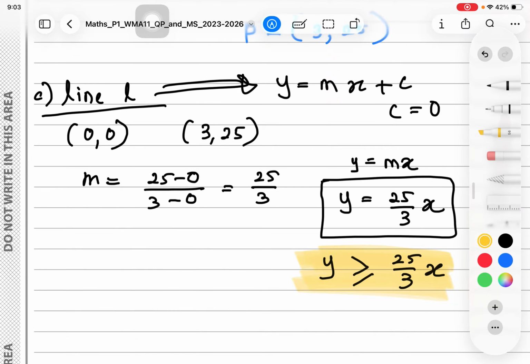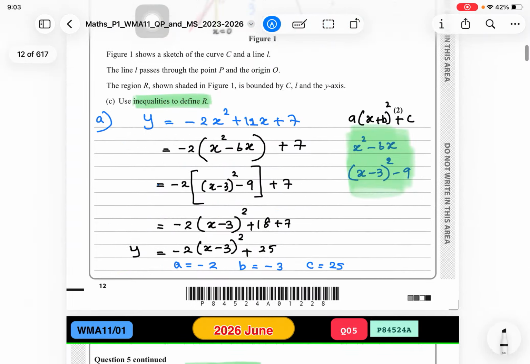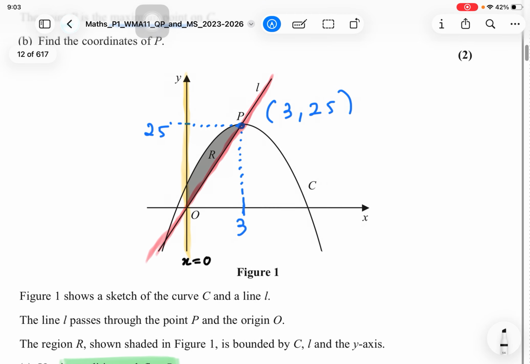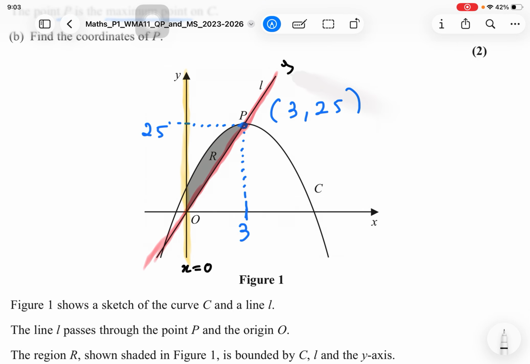And also, let's go back to the graph. We now have the equation as y equals 25 divided by 3x, but we get the first inequality as y greater than or equal to 25 divided by 3x. This is our first inequality. And the second one can be taken by x equals 0.